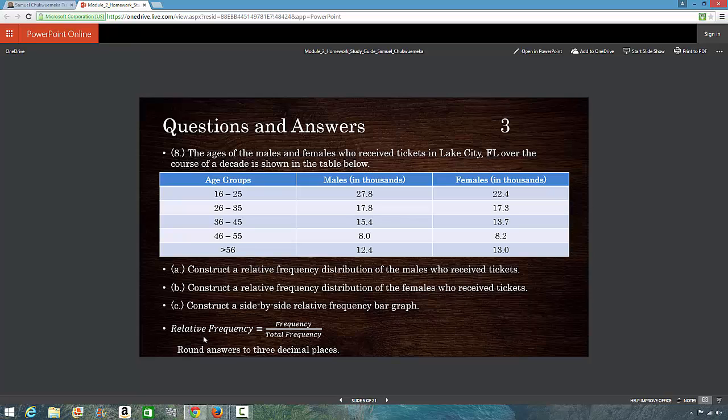So this is the formula for relative frequency. We will have to calculate the total frequency for the males, and then we do each frequency divided by the total frequency. That gives us the relative frequency. So we shall do that for the males, and we shall do that for the females.